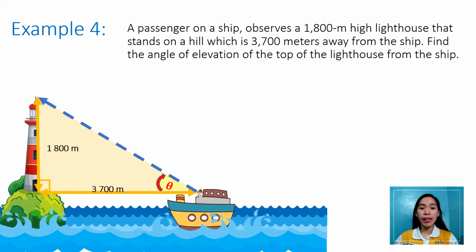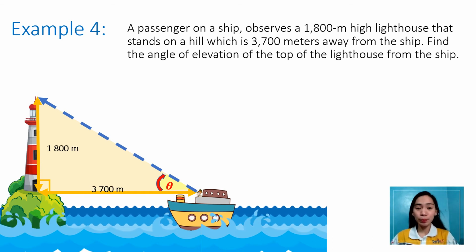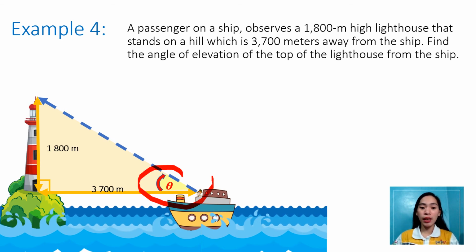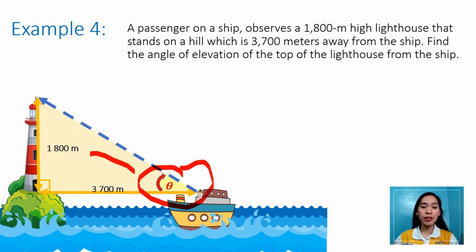So we're going to find the angle of elevation of the top of the lighthouse from the ship. Okay, so our reference angle is this, the theta. Since this is our reference angle, the opposite side of that is 1,800 meters. If this is our opposite side, the 3,700 meters would be our adjacent side.